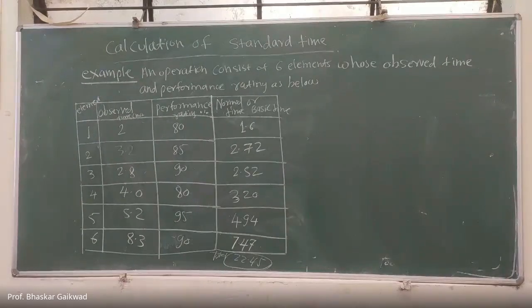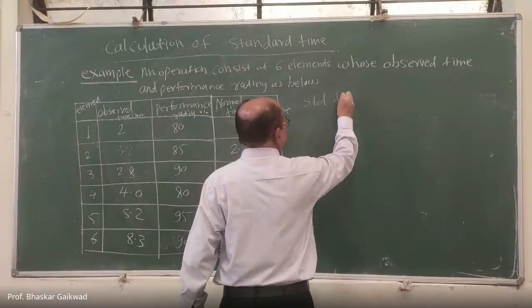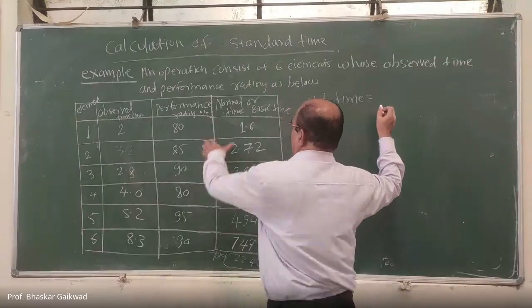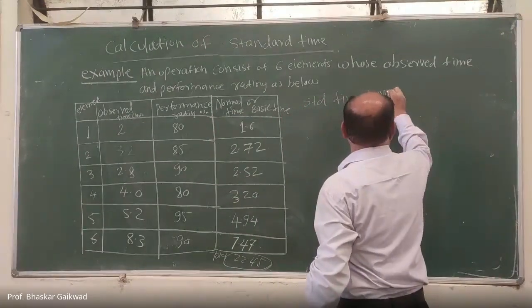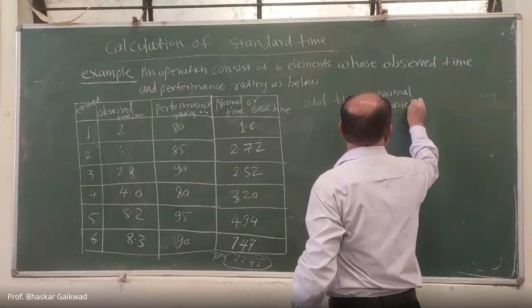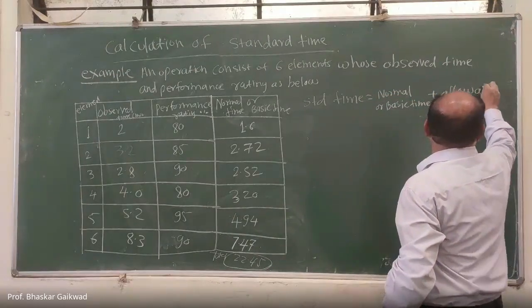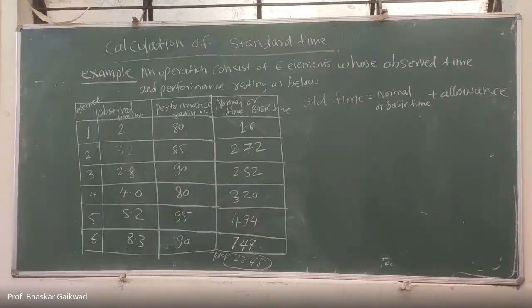standard time calculations. So standard time, what we actually require, standard time is equal to normal or basic time plus allowances. So here I will write standard time is equal to normal or basic time plus allowance.